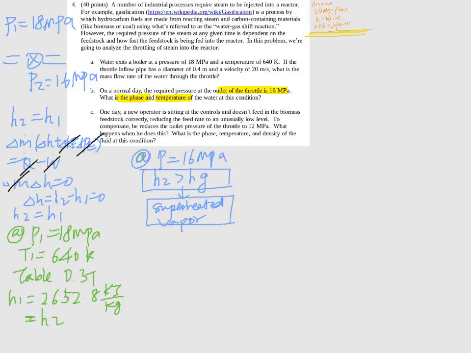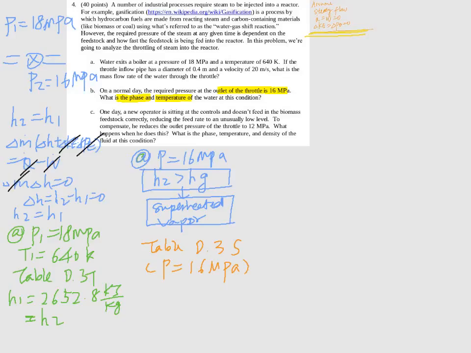So now we're going to move on to solving for the temperature. For this part, we actually need to interpolate, because if you directly go to table D.3S, which is for P equals 16 megapascal, you're not going to find the value that you want, because it just happens to be somewhere in between the values that you see.